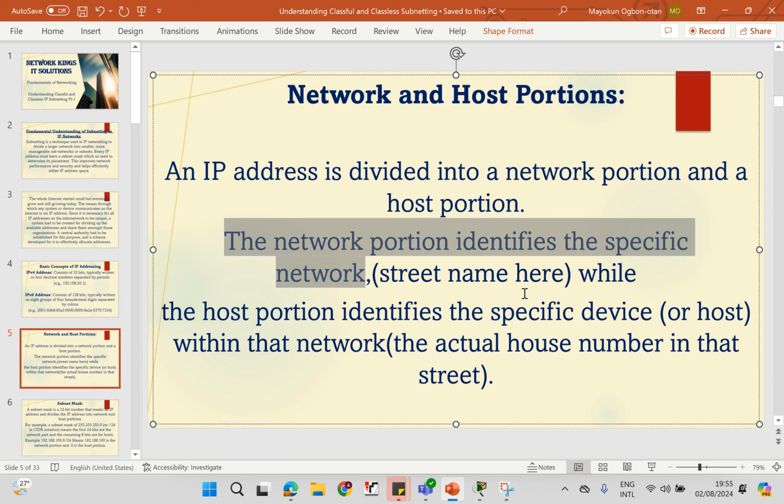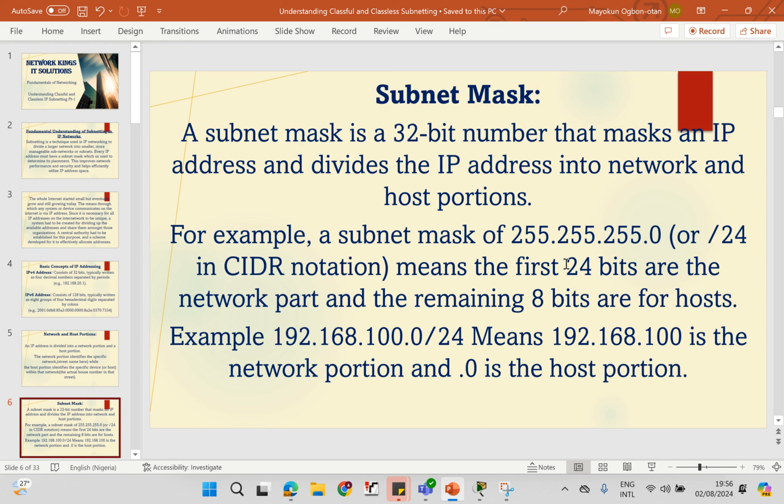So, the network portion is what identifies the specific network that the IP address belongs to, while the host portion identifies the specific device or host within that network, the actual house number in that street. Don't worry, we will understand as we progress.